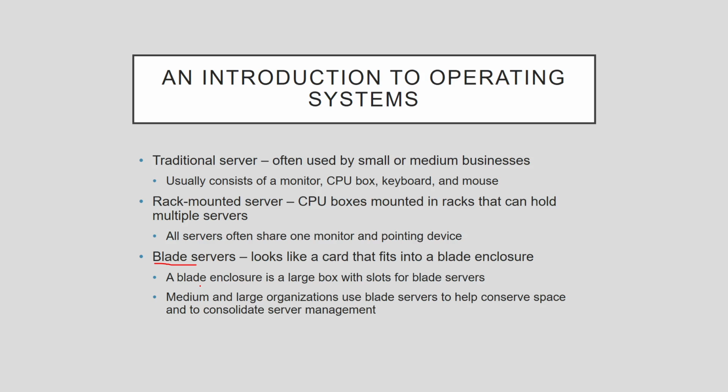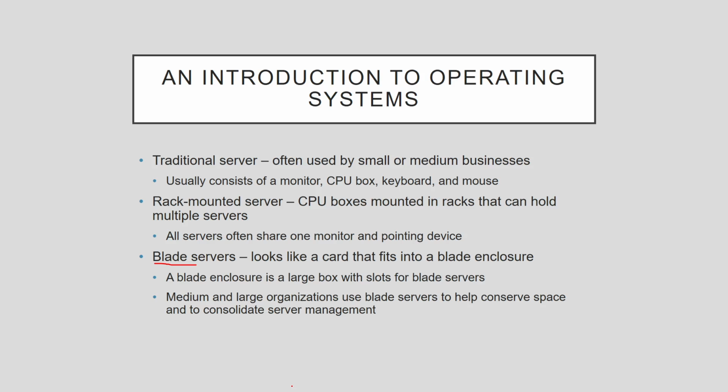The box provides cooling fans, the electrical power, connection to a shared monitor and printing device, and even network connectivity, depending on the blade enclosure. A single blade enclosure can house over 100 blade servers. Medium sized and large organizations use rack mounted and blade servers to help conserve space and to consolidate server management.